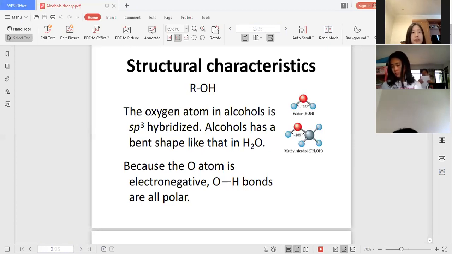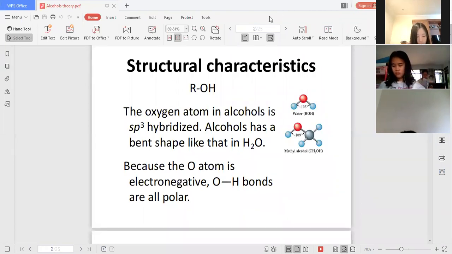Temporary dipole forces are weaker compared to permanent. And which one is soluble in water? Temporary dipole can dissolve in water, not the permanent dipole forces. Temporary dipole forces, it is like the bromine. Bromine has temporary dipole forces.